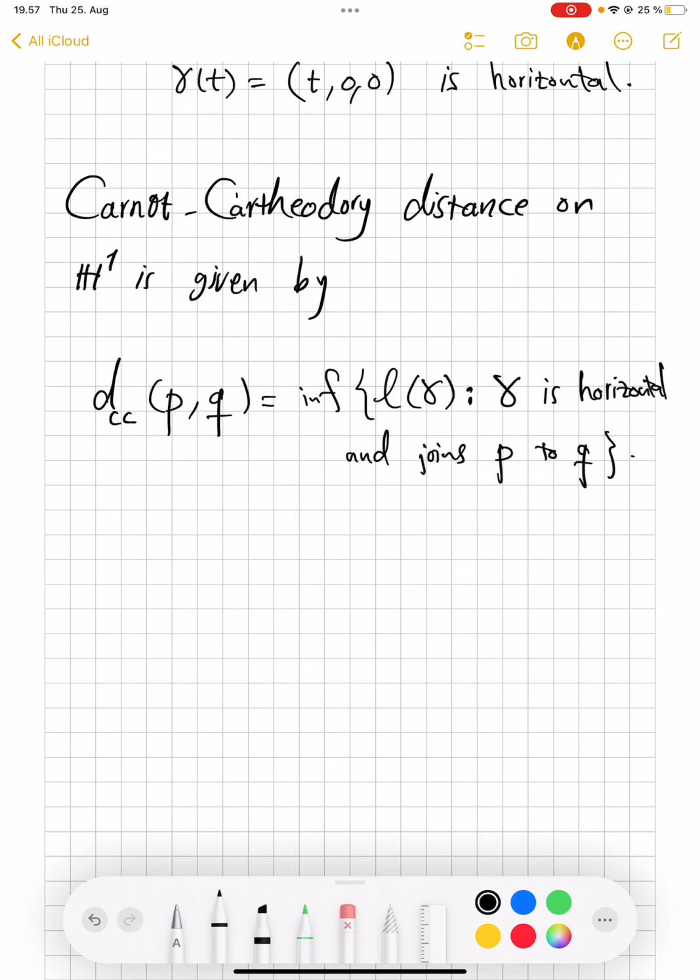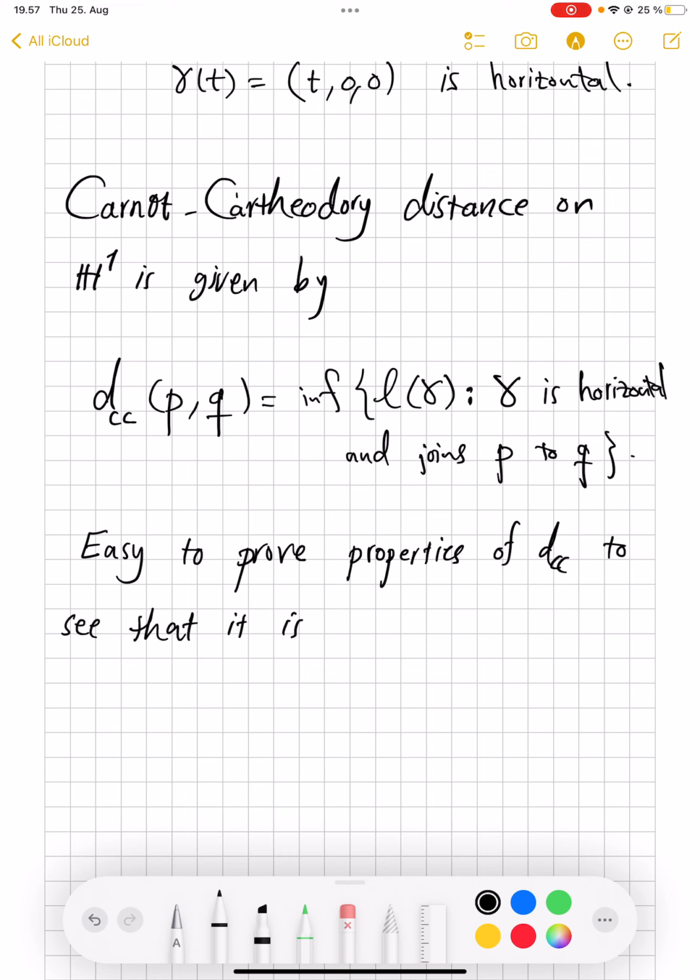So that will be the definition of d_CC. It's easy to prove properties of d_CC to see that it is a distance function.